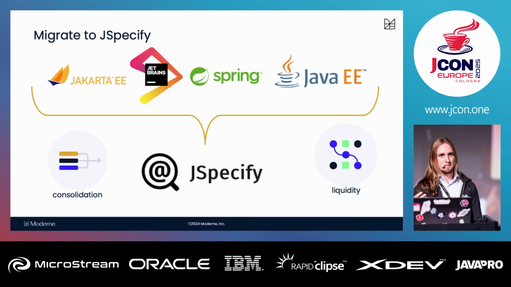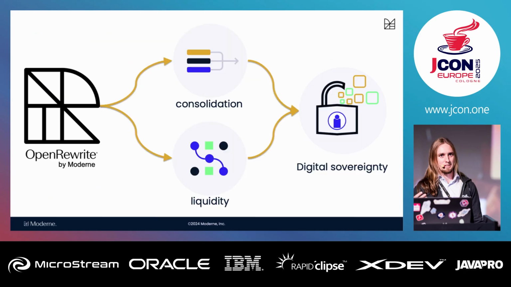So, what have we done with OpenRewrite? OpenRewrite is mainly for migrating, fixing security, fixing your updates, fixing your common code analysis problems. And it helps you to consolidate your tech stack, achieve liquidity in there, and therefore go for digital sovereignty.